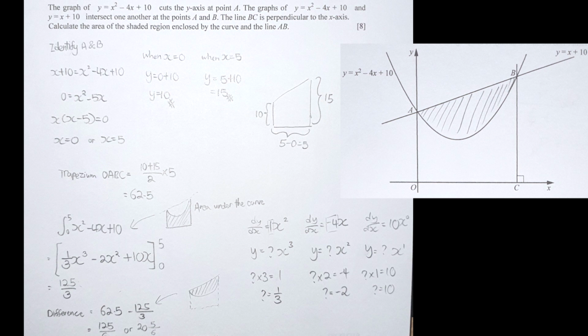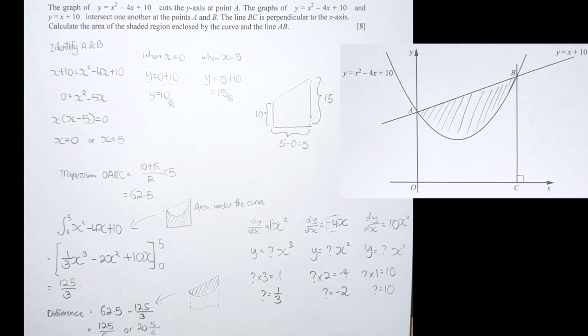Because the integral, or anti-differentiation, or integration of the equation x squared minus 4x plus 10 will get you the area under the curve. With the range that we identified, which is A and B, I can now put 5 at the top, 0 at the bottom.